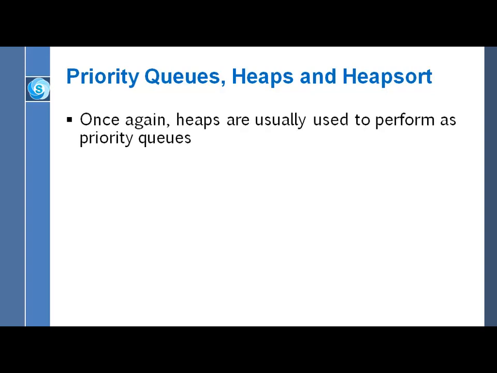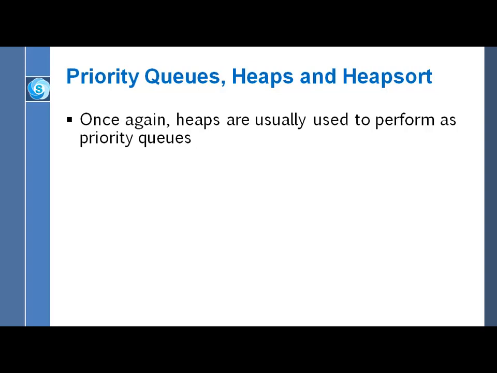So now remember that we want our heap to function as a priority queue, and that specifically means that when it comes time to extract data from the priority queue, we need to grab the data that has the highest priority, right?